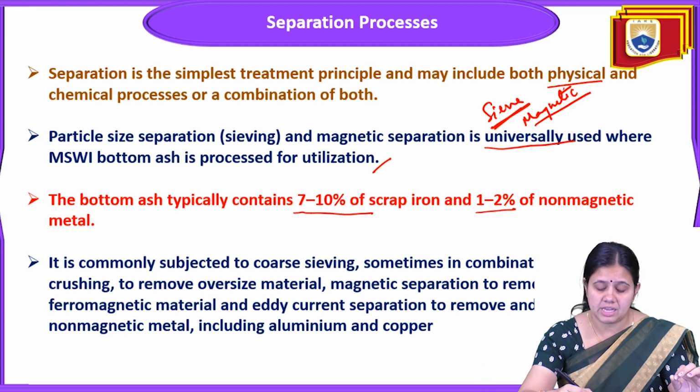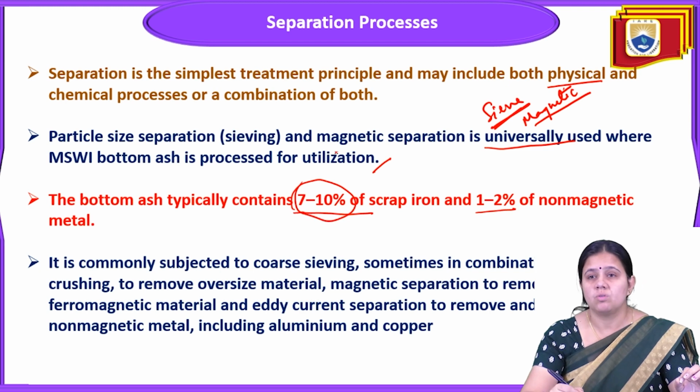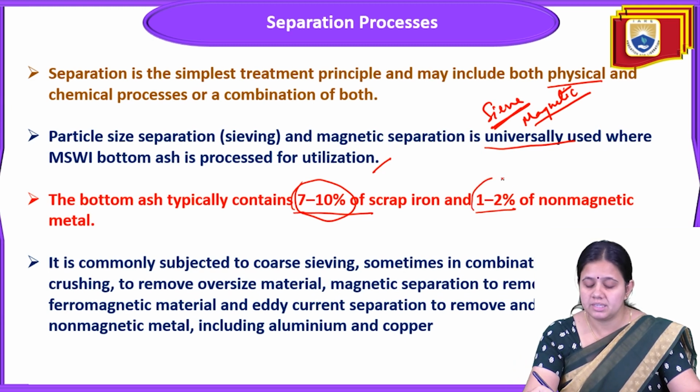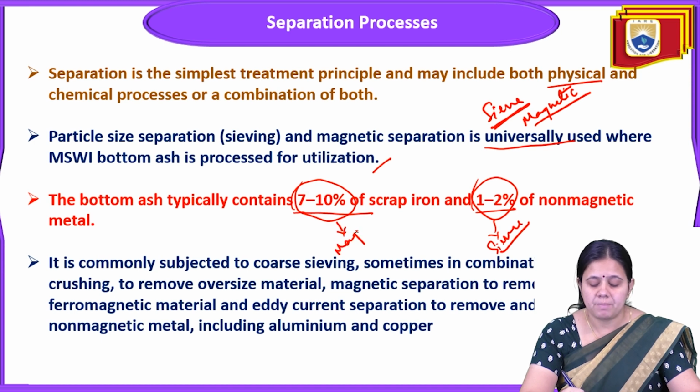The magnetic separation will separate the scrap iron, and the 1 to 2% non-magnetic will be separated by the sieve.